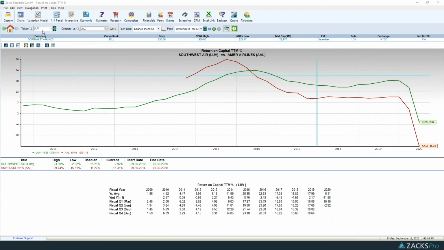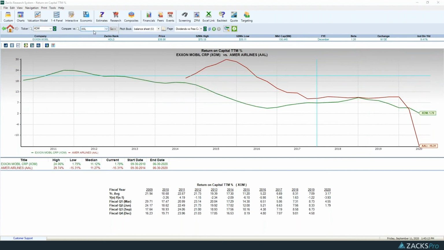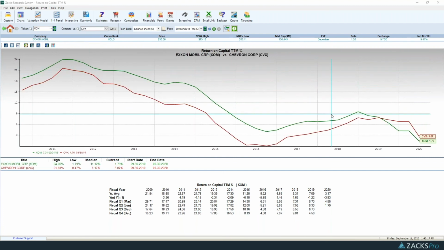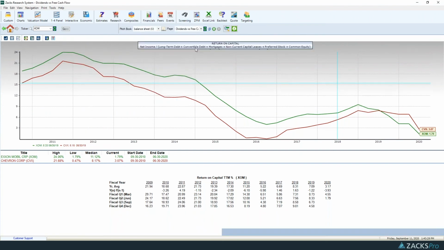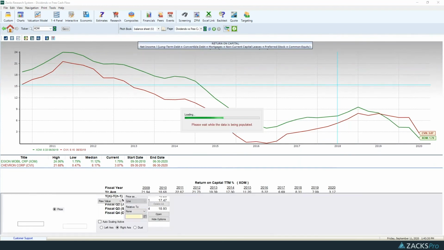So, going back to Exxon, for example, you can see Exxon had a very poor return on capital. But essentially what I was trying to say is Exxon had a dividend that exceeded free cash flow.